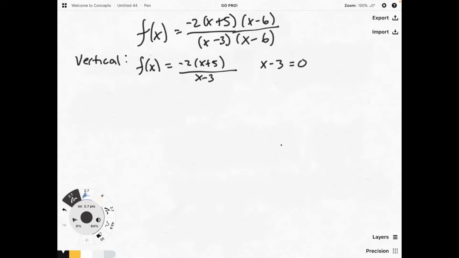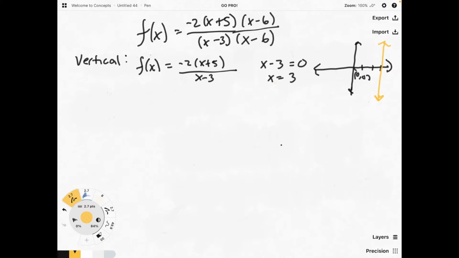We solve for x, so x equals 3. This tells us that we have a vertical asymptote at x equals 3. If we wanted to graph that out to see what it looks like, then if this is 0, 0, then at 1, 2, 3, we have a vertical asymptote here.